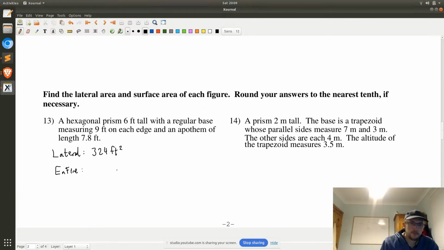Entire thing. So we use the apothem over 2 to get the surface area of the bases. Well, hold on now. 27 times 7.8. No, because then it has to be multiplied by 2.